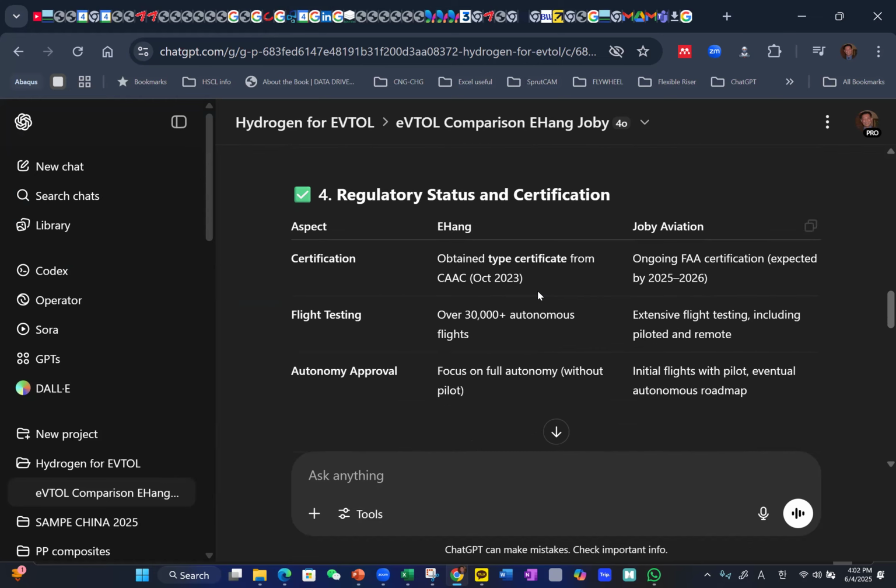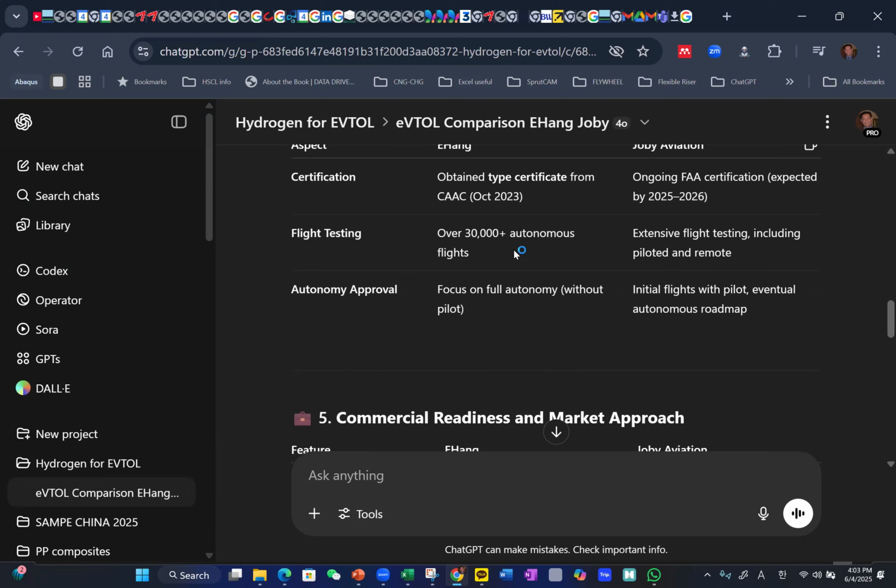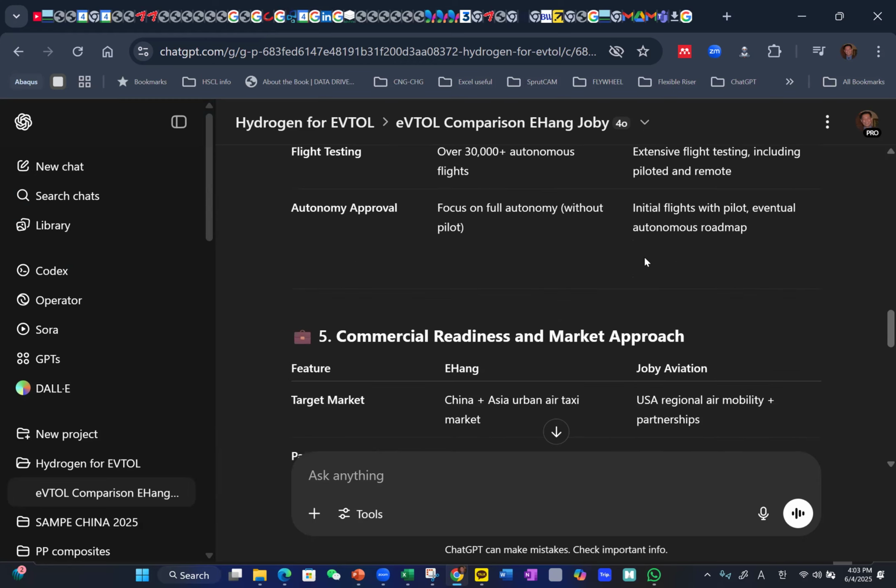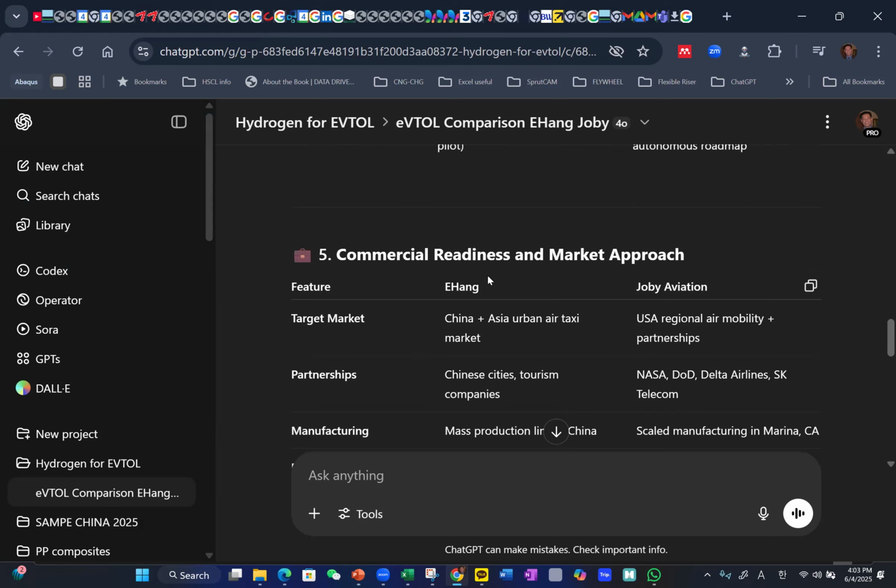Regulatory status and certification: we need to pay attention to the certification they get for commercialization. CAAC is a certificate for the flying cars. And then FAA, they already got the FAA certifications, and the flying test, 30,000 plus autonomous flights and so on, and autonomy approval, and also commercial readiness.